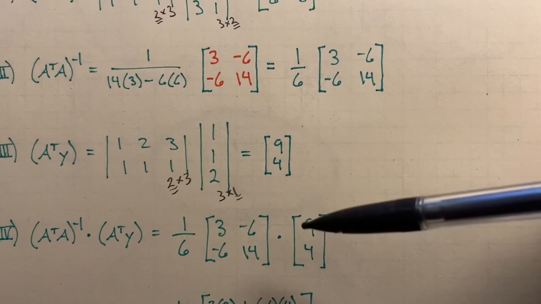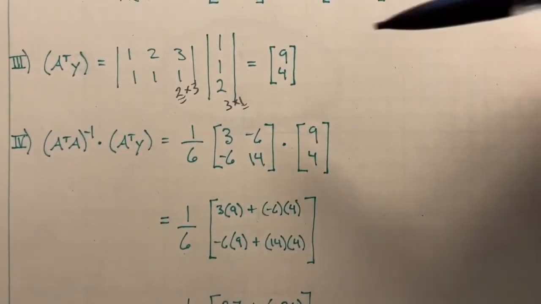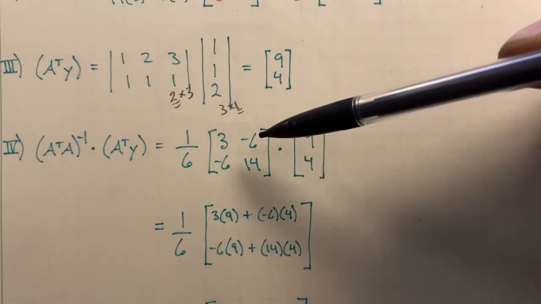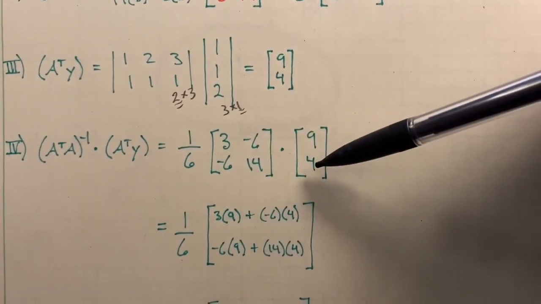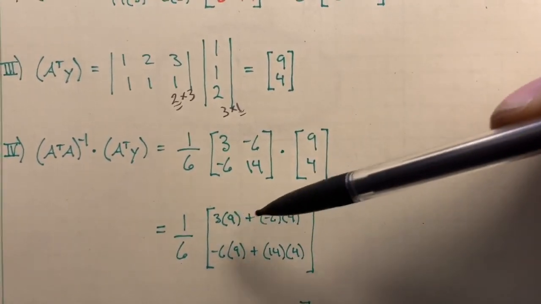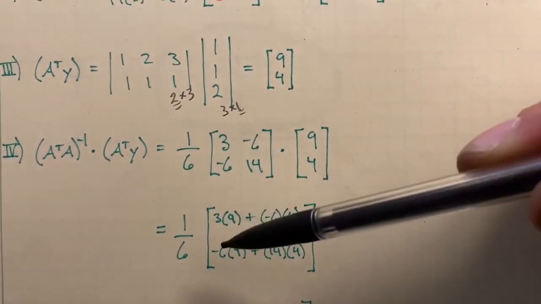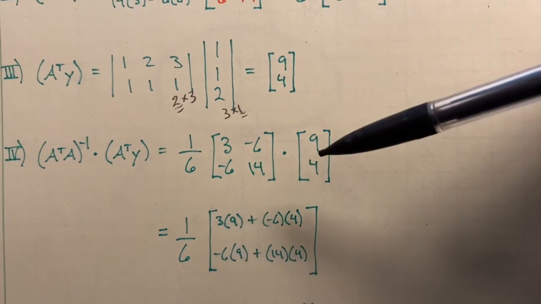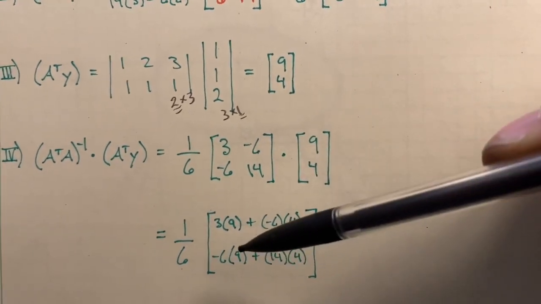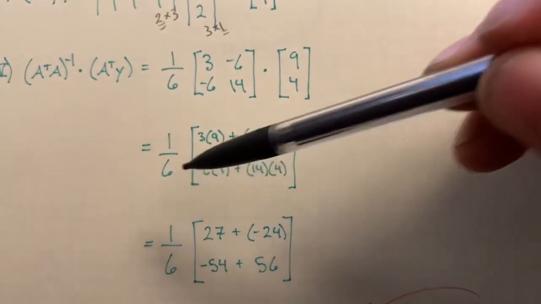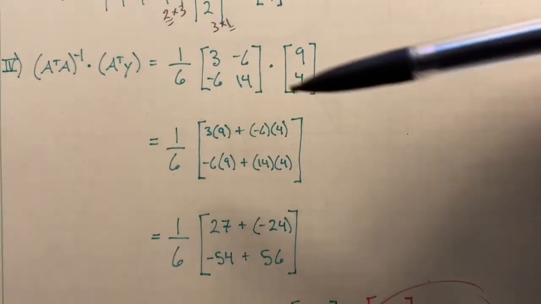Let's do the operation here. 3 times 9 plus negative 6 times 4. Negative 6 times 9 plus 14 times 4. And we still leave our 1/6 on the outside because we haven't done anything with it yet.